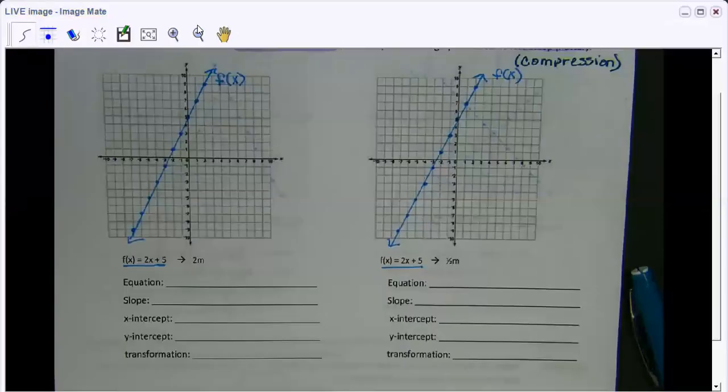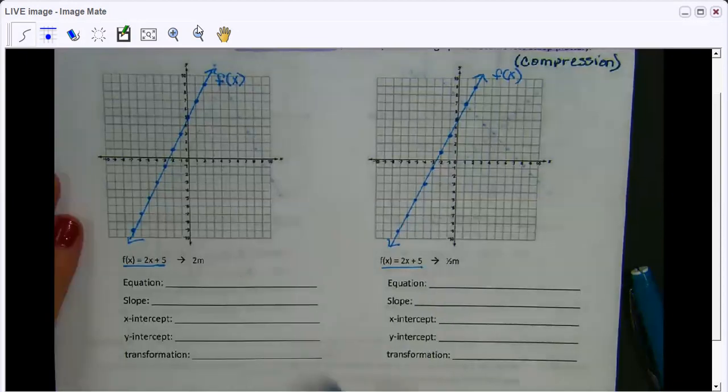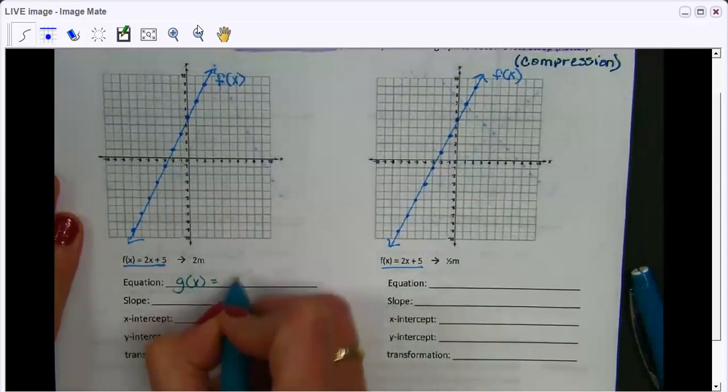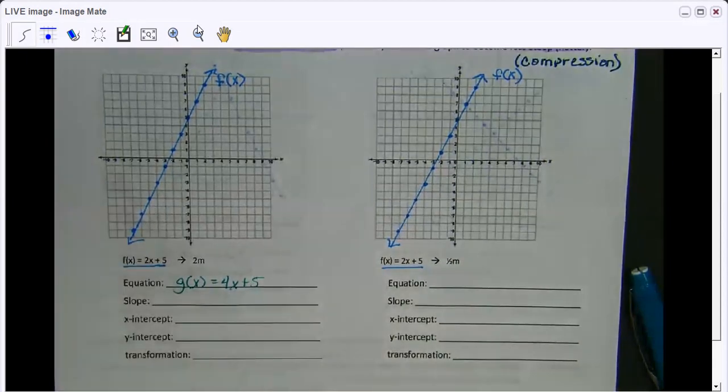Okay, so for this first one, what it's telling us is that we need to take m, what is m? Slope, and we need to multiply it by 2 and rewrite our equation. So let's go ahead and do that with this one. f(x) = 2x + 5 becomes g(x) = 4x + 5. Okay, and then we're going to graph that. So go ahead and graph that equation.